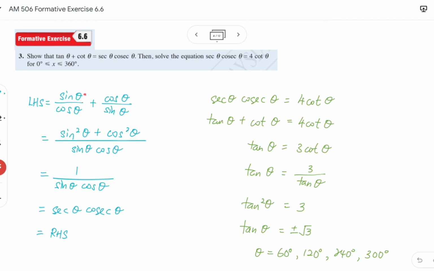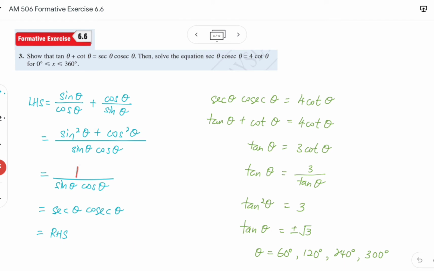So we multiply sine theta on the first fraction, so we get sine square theta over sine theta cos theta. And we multiply cosine theta on the second fraction, so that we get cosine square theta over sine theta cos theta. Then use our basic identity. We know that sine square theta plus cos square theta equals 1.